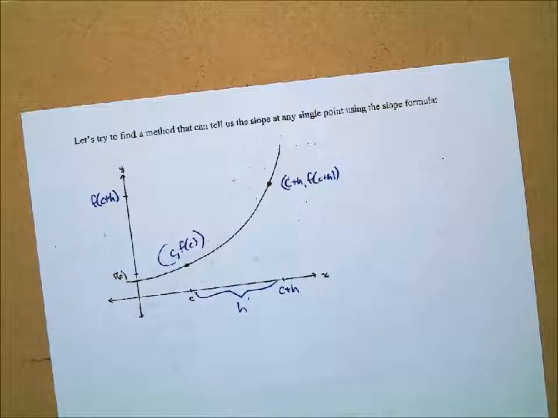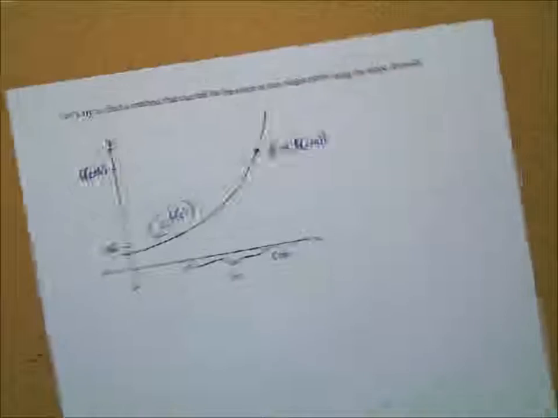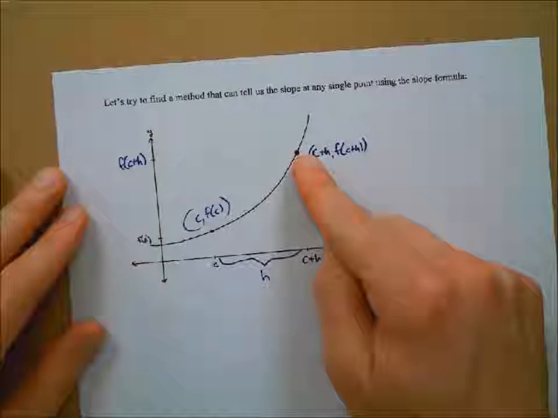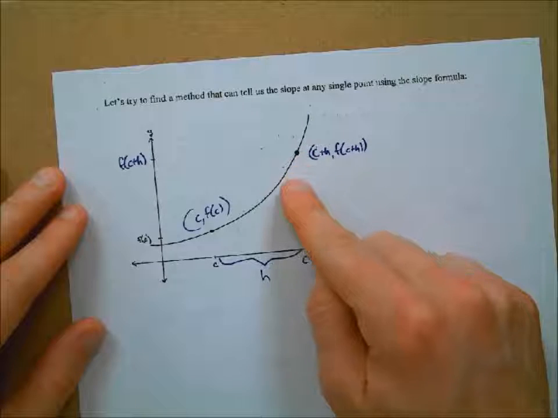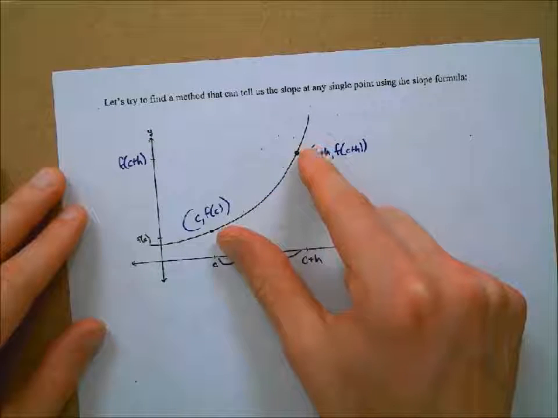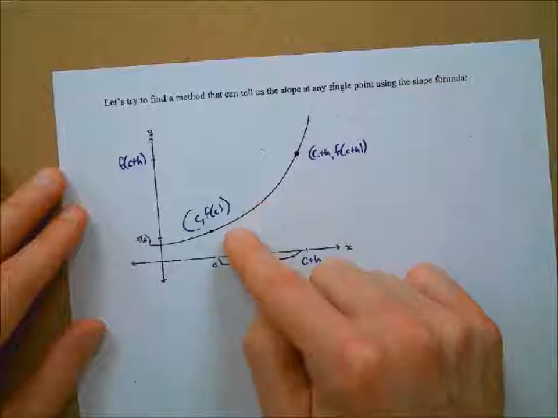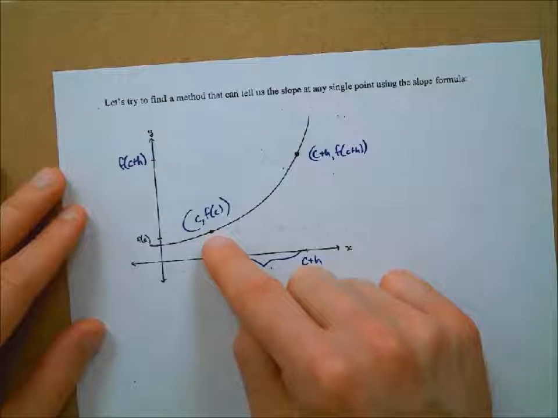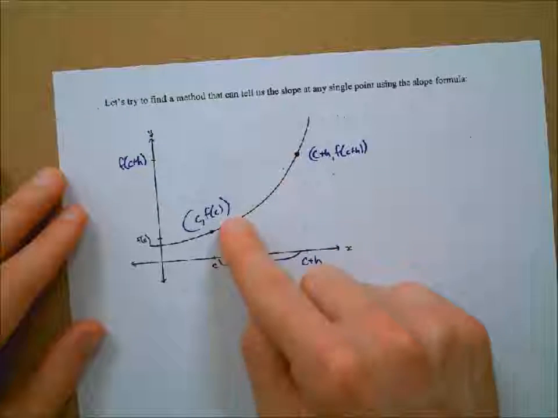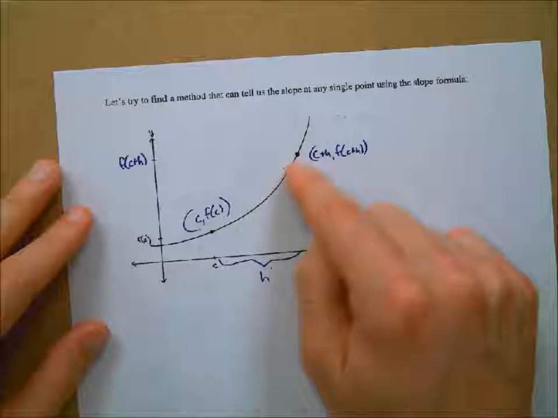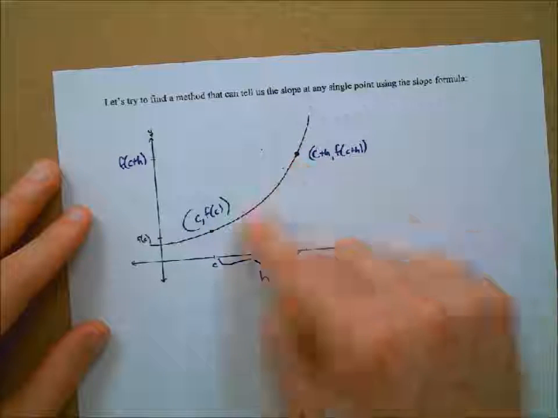Okay. So we saw earlier, in that last example, that if we bring this point in closer and closer, the secant slope between these 2 points gets a better and better approximation of our tangent slope. As we bring this point in, the secant slope will more and more closely resemble that tangent slope.